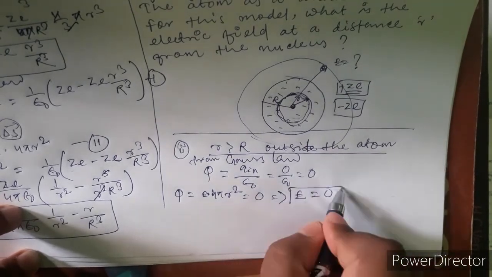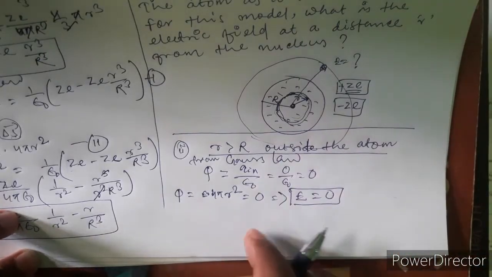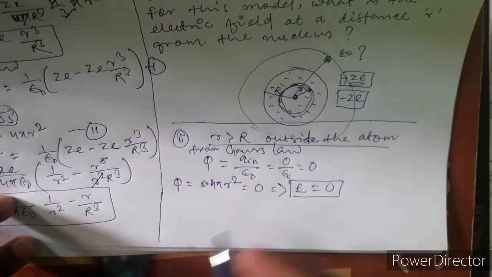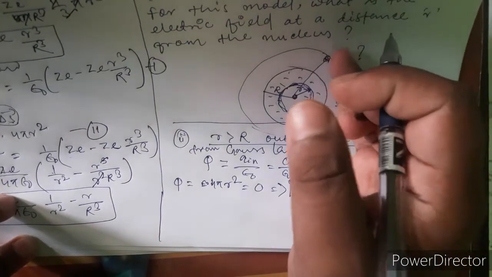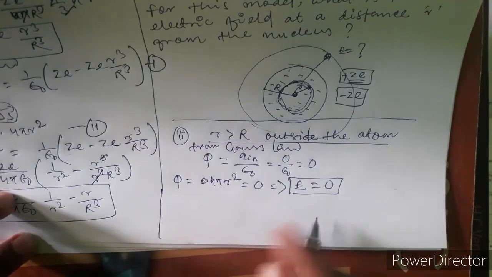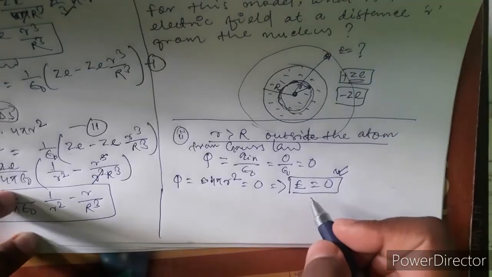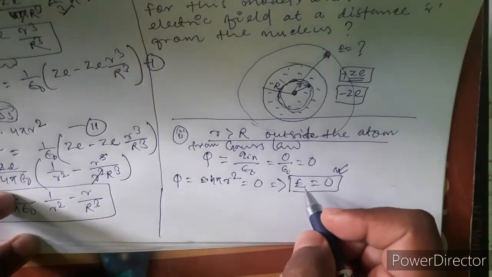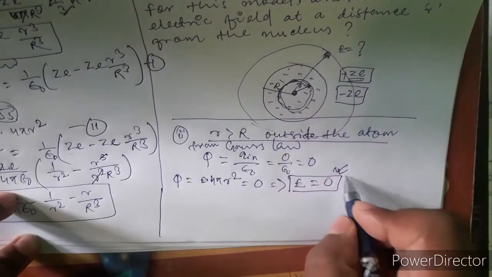That means electric field outside the atom is 0. It is also expected because the atom as a whole is neutral. Outside the atom you do not feel any electric field, that's why this result is expected, that E will be 0. Electric field outside the atom must be 0, and we got the same result.